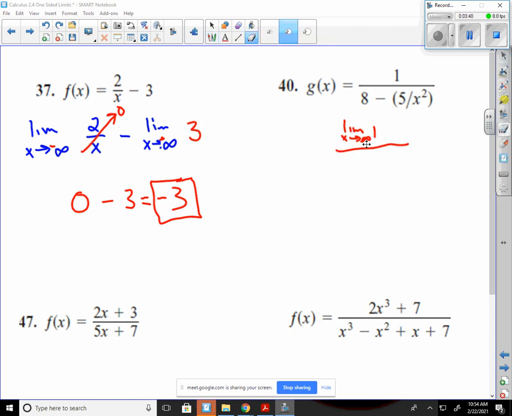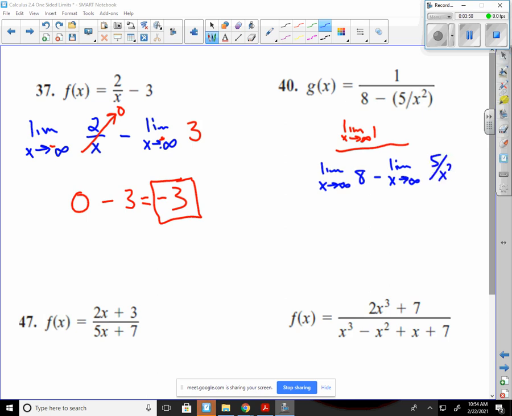I'm just going to get rid of that. Then we take the limit as x approaches infinity of 8 minus the limit as x approaches infinity of 5 over x squared.